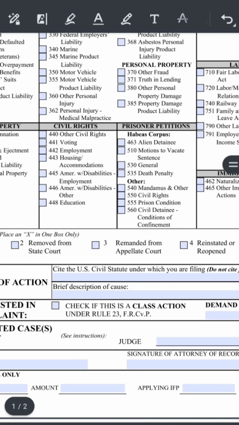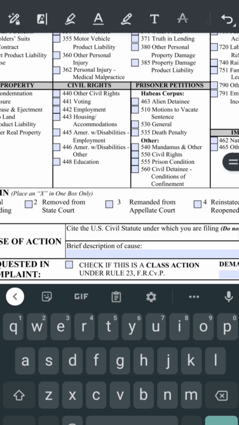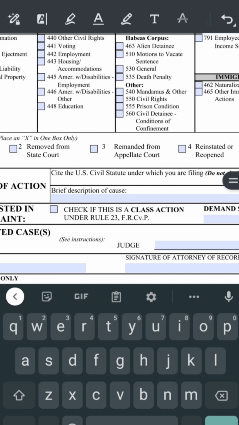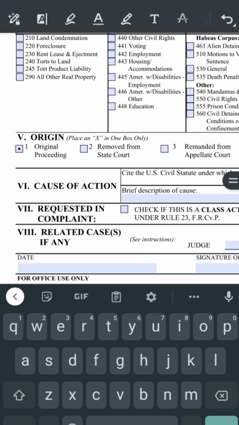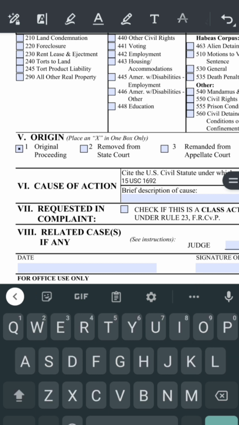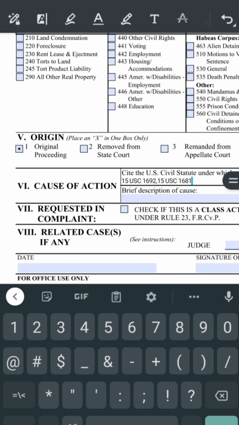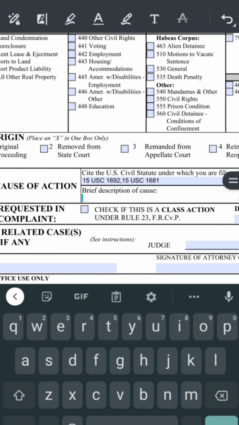So your cause of action. With your cause of action, you are going to typically cite what they did. That's going to be your CFR, your codes and all that. So, for example, 15 USC 1692, 15 USC 1681.